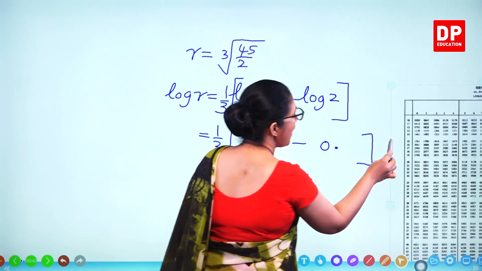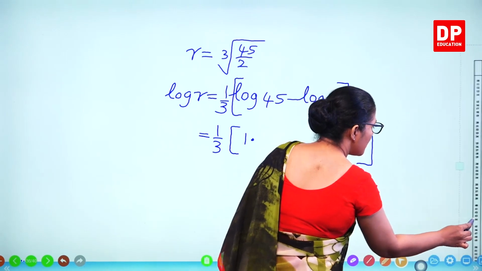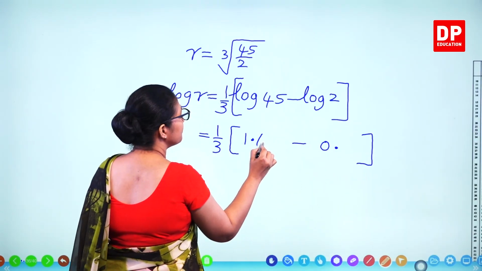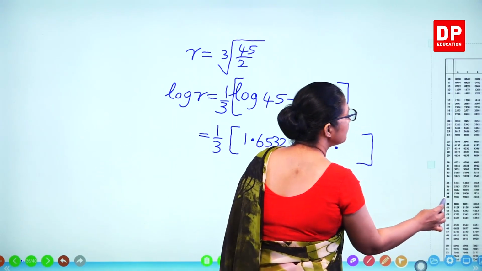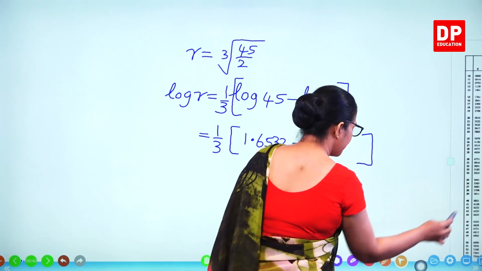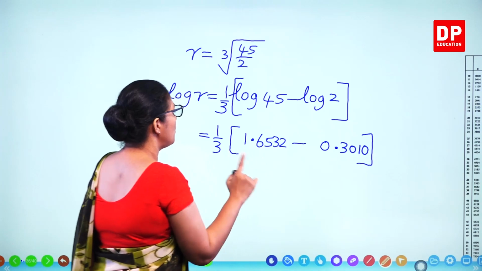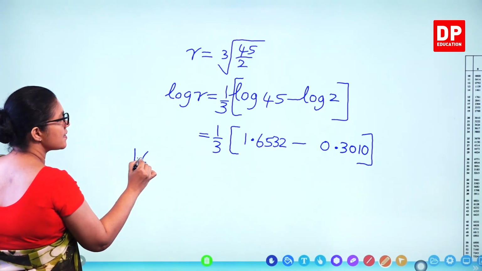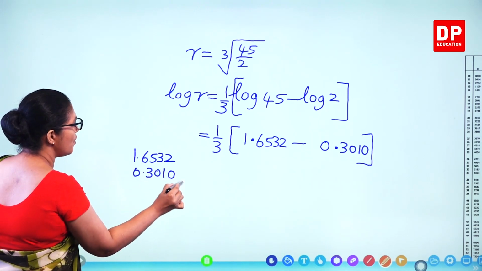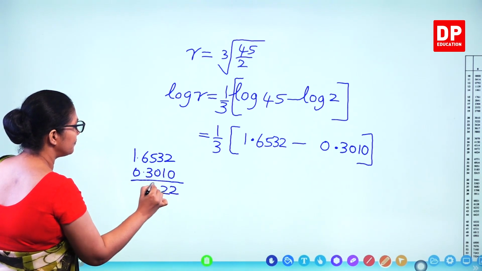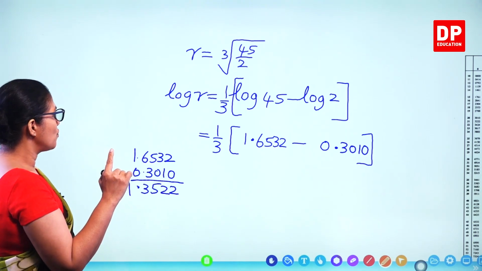Log 45: 1.6532. Log 2: 0.3010. Now we'll subtract 1.6532 minus 0.3010, and you get 1.3522.